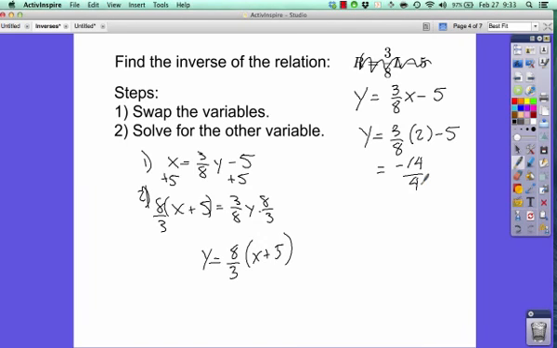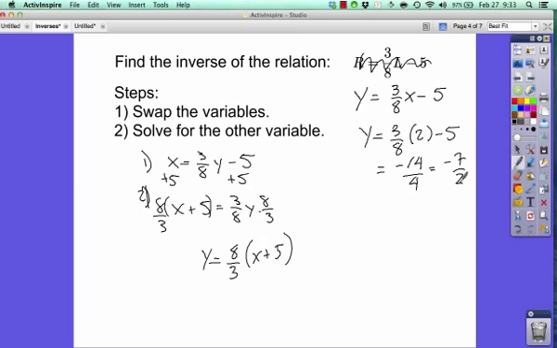Is that right? What happens if I put that back in here? What number should come out? 2. So if I put a 2 in here, whatever comes out of that, if I put that back into the inverse, I should get back what I started with.